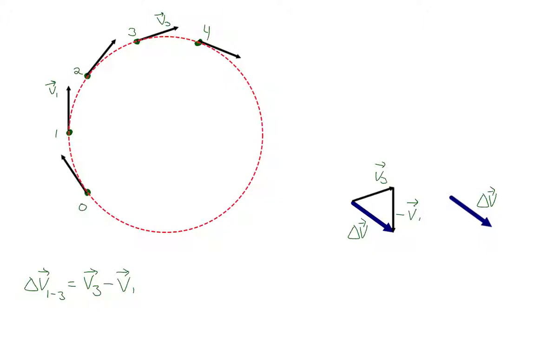So this is the motion of an object in circular motion at a constant speed. It's called uniform circular motion when these two things are true.